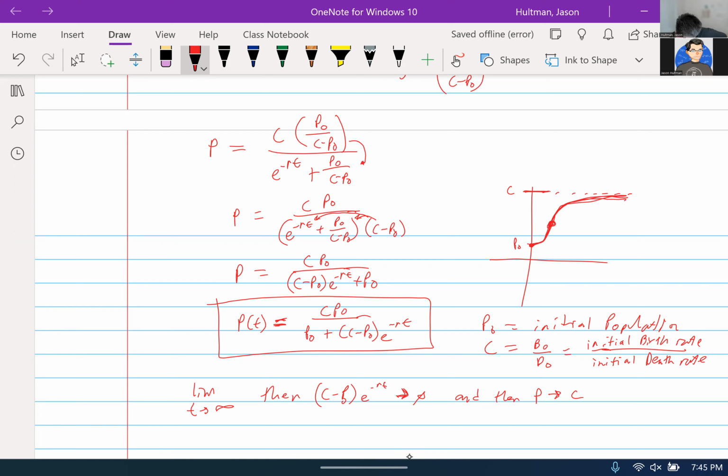They'll hit half of the total population, half of the carrying capacity, this is C over 2. They hit half of the carrying capacity, and then they start dwindling their growth the closer and closer they get to C. So this is the logistic population model.